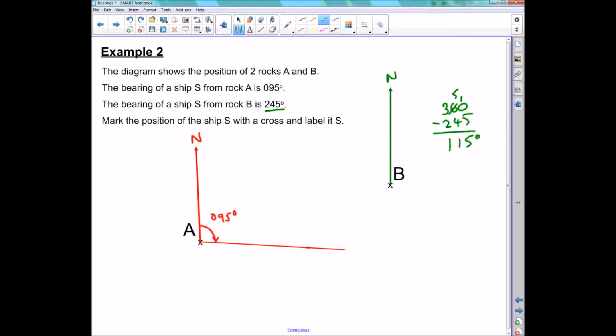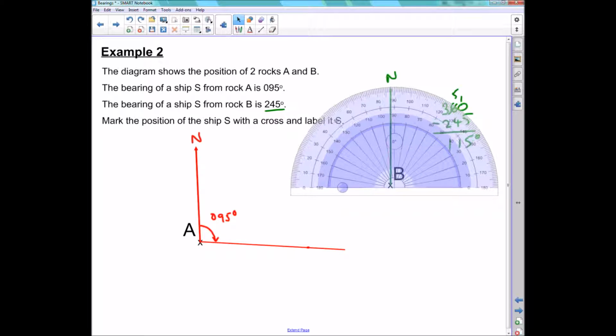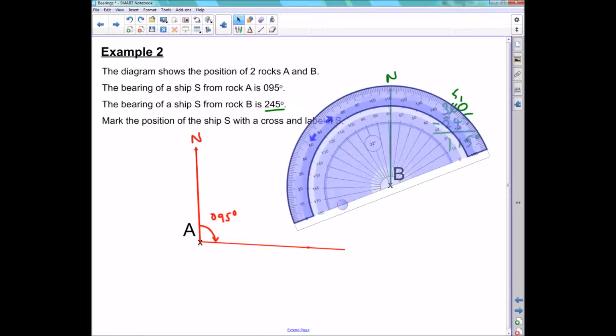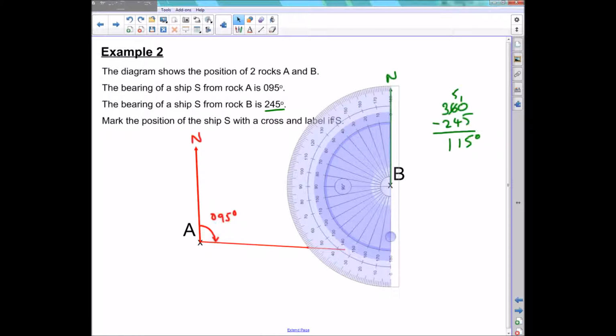Getting out my protractor, I'm now going to measure 115 degrees anti-clockwise. So I need to put the origin at B. There we go. I'm going to rotate my protractor around, this time anti-clockwise, so that 0 is sitting on my north line. And I'm going to mark on using the inside scale this time, because that's where my 0 is. I'm going to mark on 115 degrees, which is roughly about there.